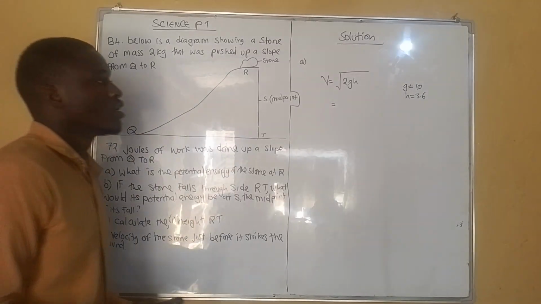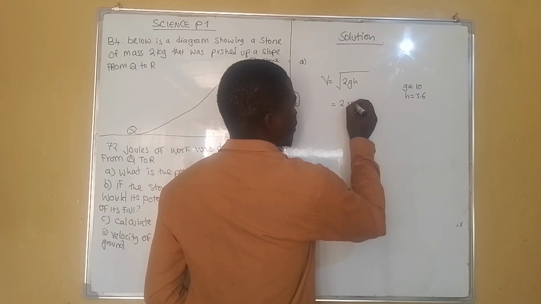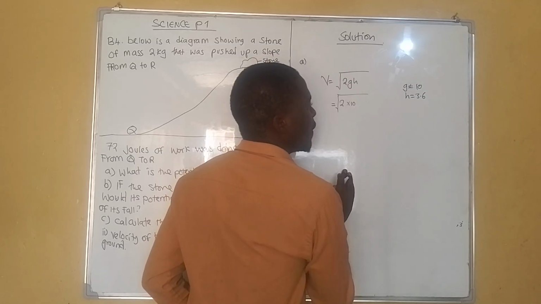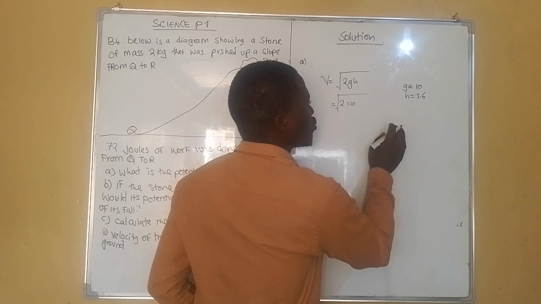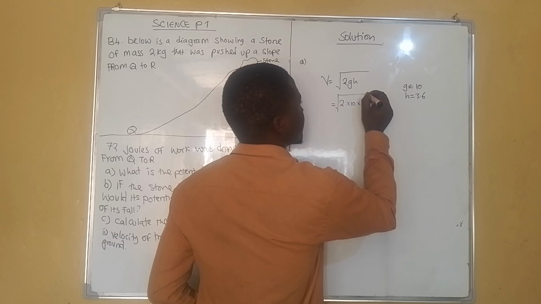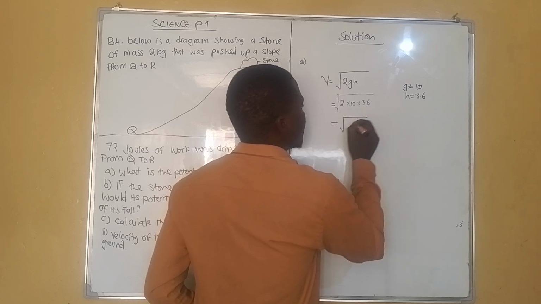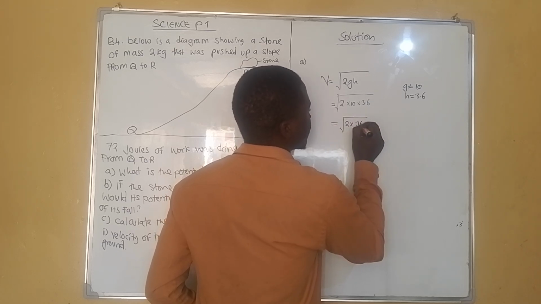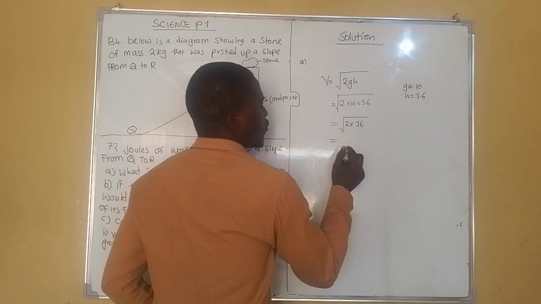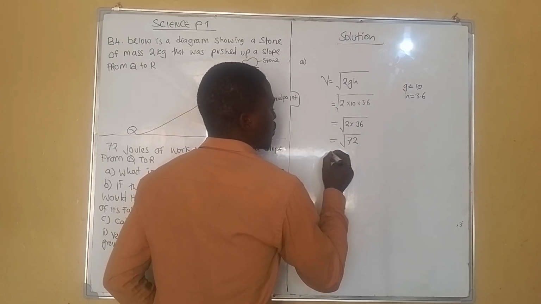From here we have 2, the acceleration due to gravity is 10, and the height is 3.6. This and this, we are going to have 36. So we have 2 multiplied by 36, which is 72.